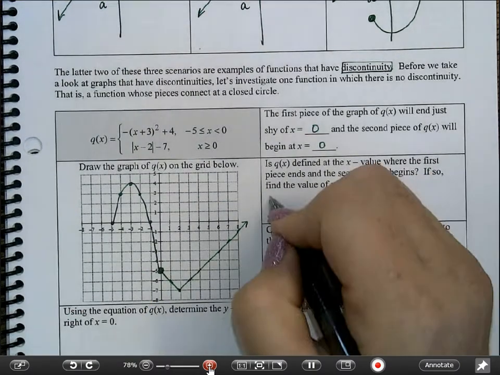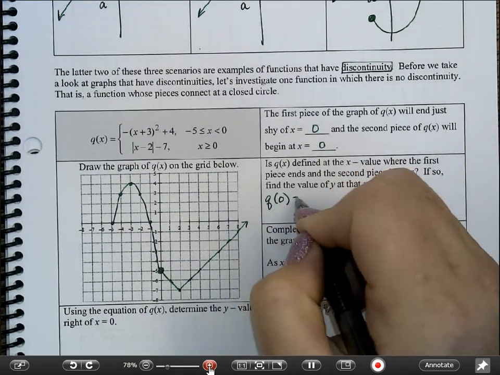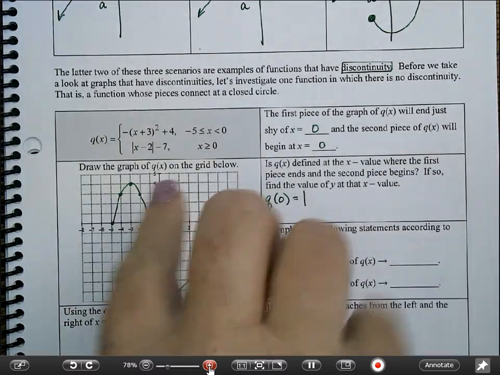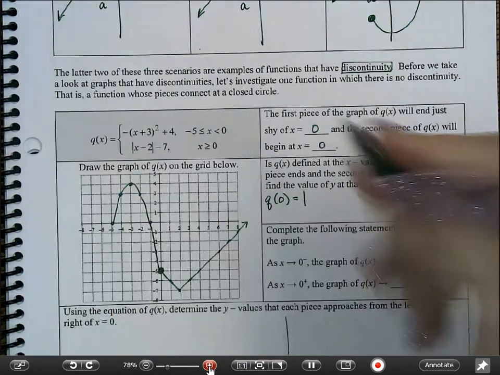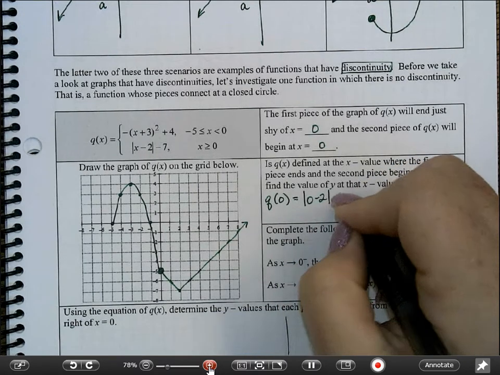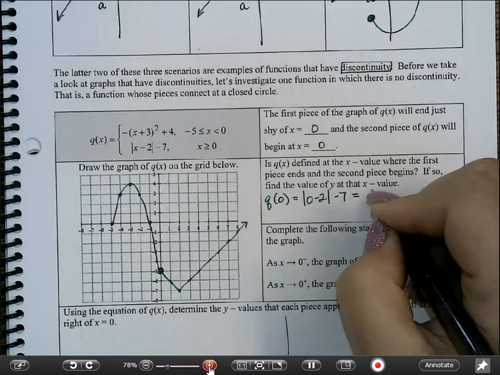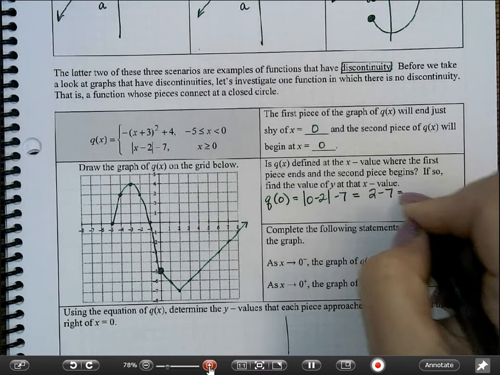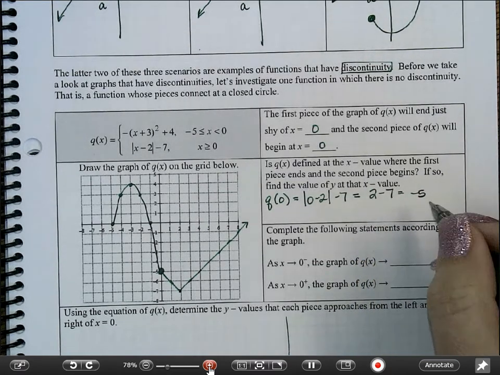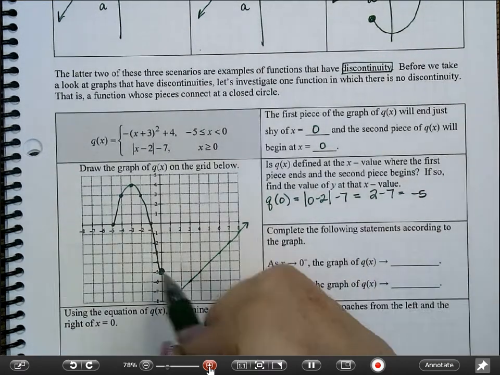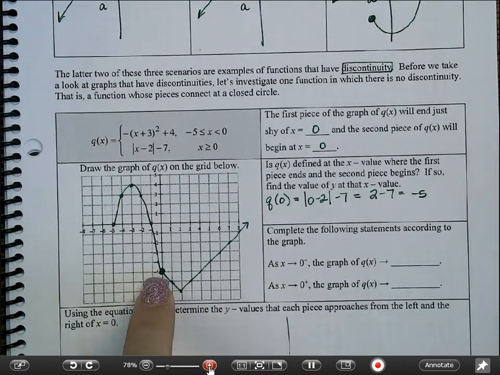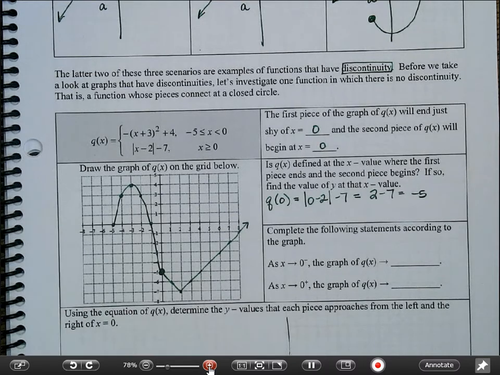So q of 0 is equal to, we need to plug it into this function. 0 minus 2 minus 7 gives us 2 minus 7, which is -5. Okay? So the y value, and of course we could graph it and see that the y value is -5.